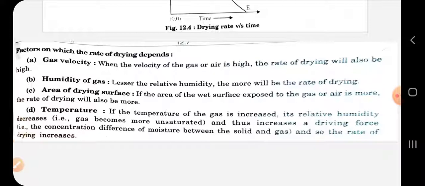The fourth and last factor is temperature. If the temperature of the gas is increased, its relative humidity decreases.